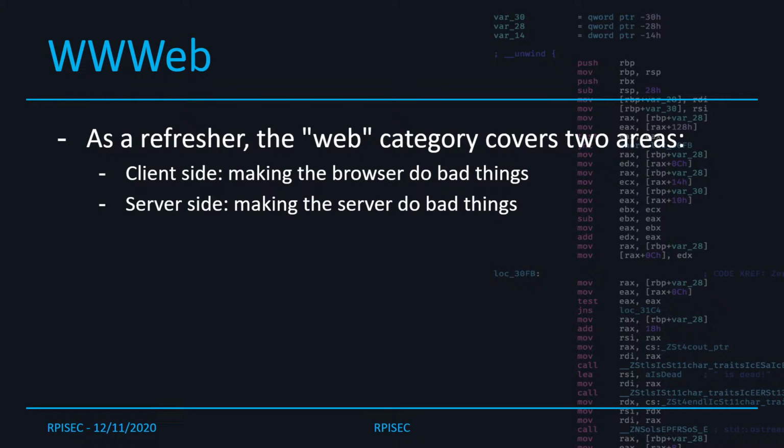Just as a refresher, the web category covers two big areas: client-side stuff and server-side stuff. Client-side, remember, is your browser, and generally people who are asking web servers to do things, while server-side is trying to exploit the servers that are actually providing these services, unsurprisingly. As a matter of opinion, the server-side stuff tends to be a little more varied.